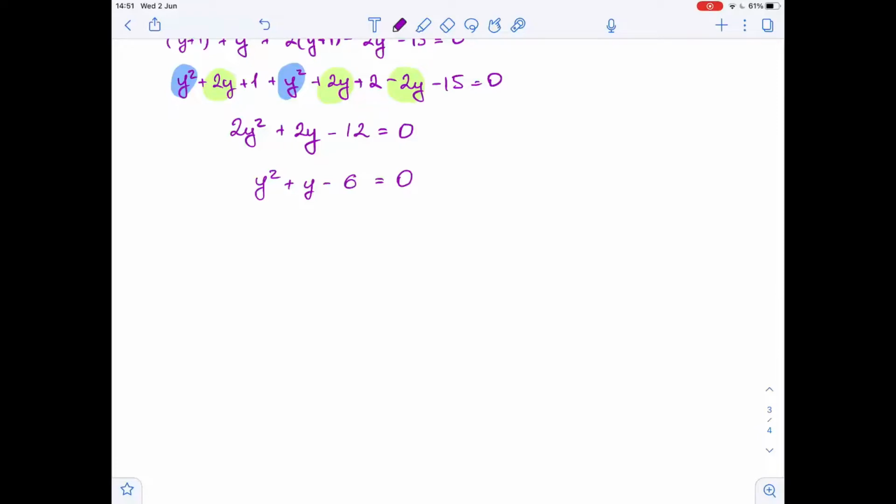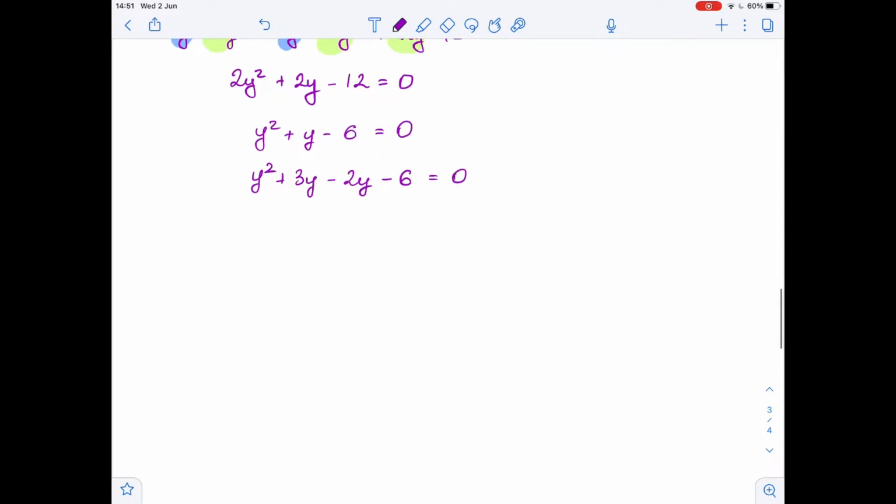We can rewrite this expression as y^2 + 3y - 2y - 6 is equal to 0. And now we will rewrite this part as y times (y + 3), and we will rewrite this part as -2 times (y + 3).